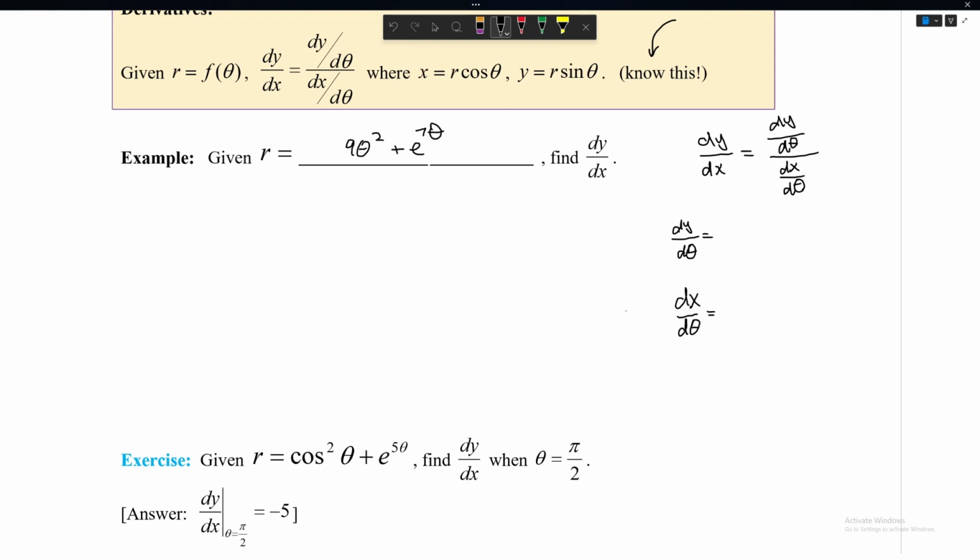Okay, so the question is, how do you get your dy in terms of d theta, and how do you get your dx over d theta? So we know that y equals r sine theta, and r is given.